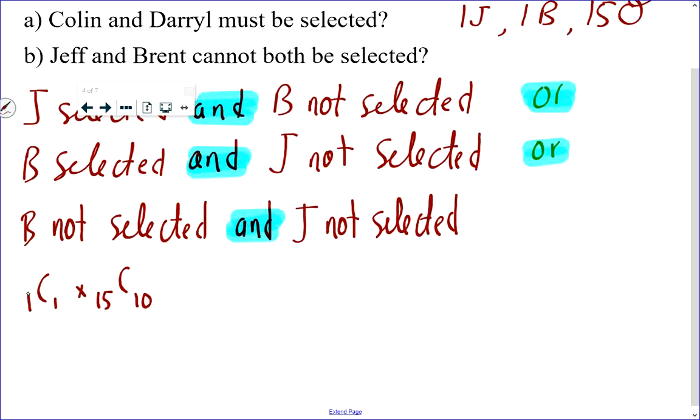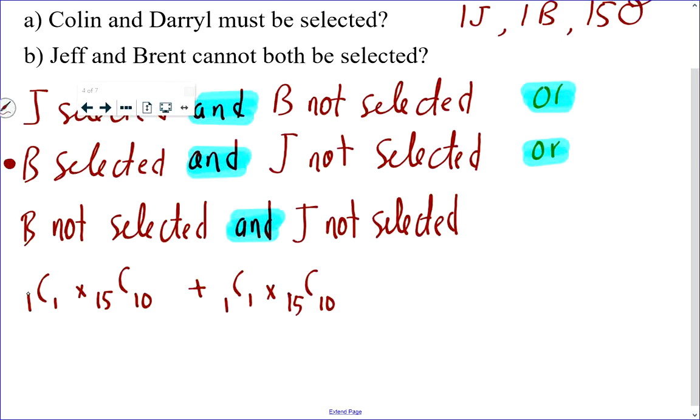And then we say or, and now I'm going to look at this line here where Brent is selected and Jeff is not. Well, if Brent is selected, I need to choose 1 Brent out of the group of 1. And if Jeff is not selected, then the remaining 10 players for the squad are going to be chosen out of the 15 people that don't include Jeff.